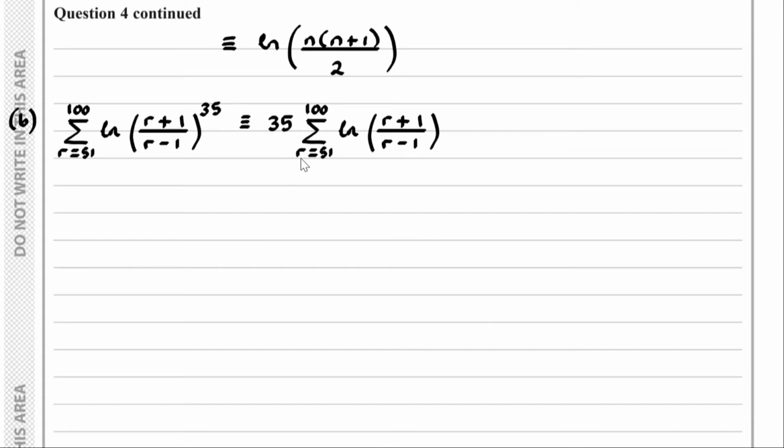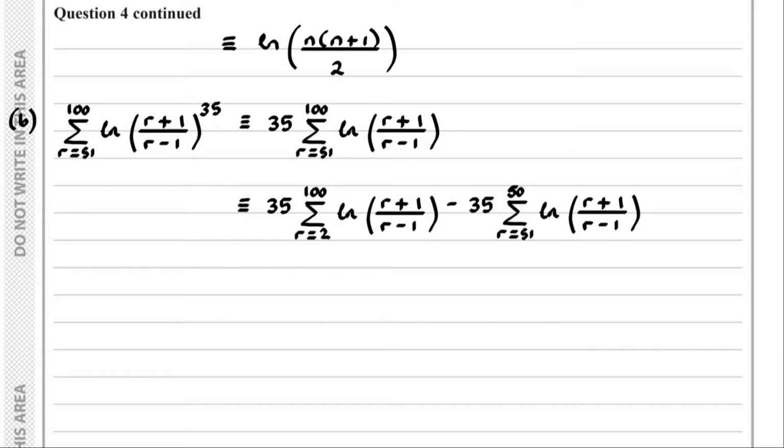Now what we want really is for the sum to start from r equals 2. And so we would adapt this to say we have 35 times the sum from r equals 2 to r equals 100 of the natural log of (r plus 1 over r minus 1), subtract 35 times the sum from r equals 2 to r equals 50 of the natural log of (r plus 1 over r minus 1).